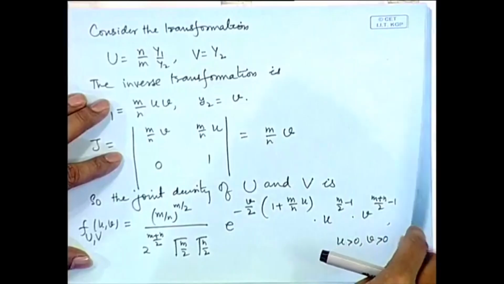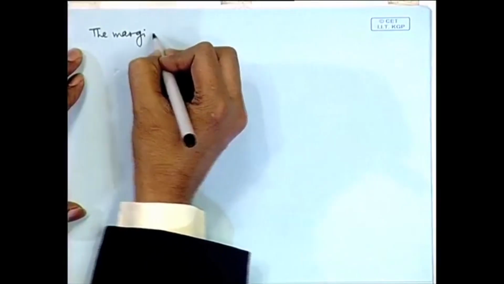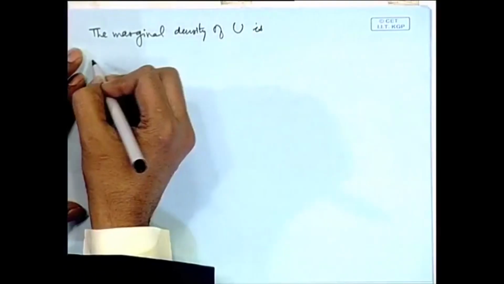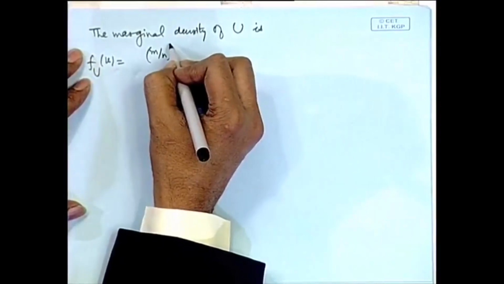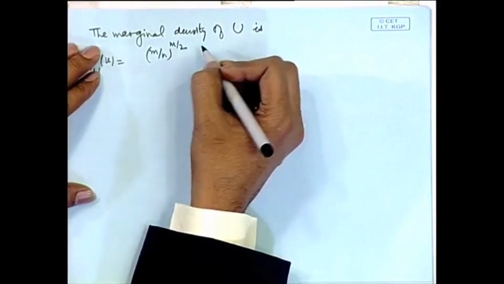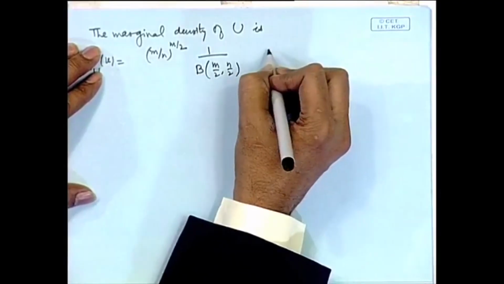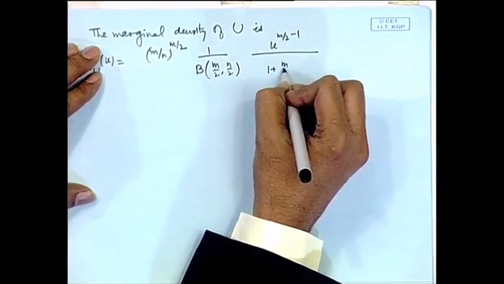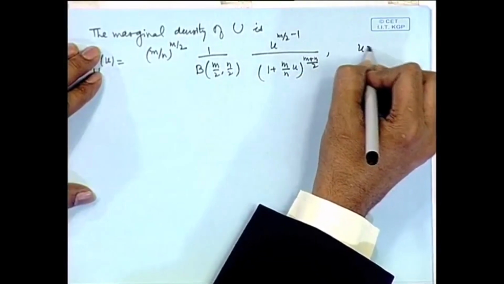So, using the standard argument, the marginal density of u is then f(u) equal to (m by n) to the power m by 2, and after the cancellation of the terms we will get it as 1 by beta(m by 2, n by 2), u to the power m by 2 minus 1 divided by (1 plus m by n u) to the power (m plus n) by 2, for u positive.